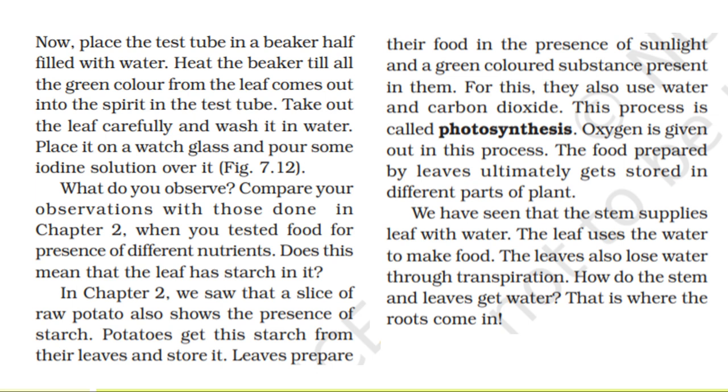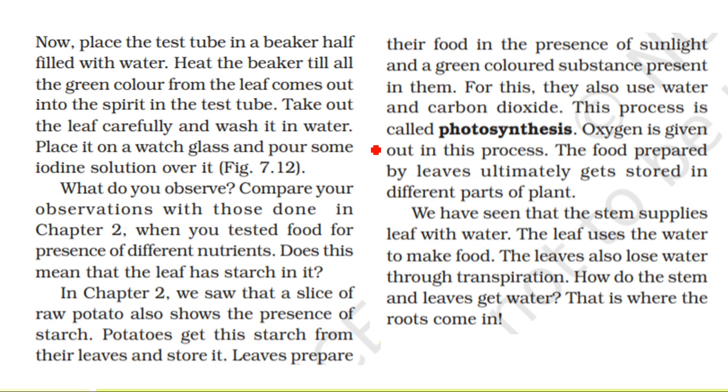So when we test with iodine solution, we see the color change to bluish black, which shows the presence of starch in that leaf. This confirms that the leaf makes its own food, and on that basis we call the plant autotrophic, which makes its own food.